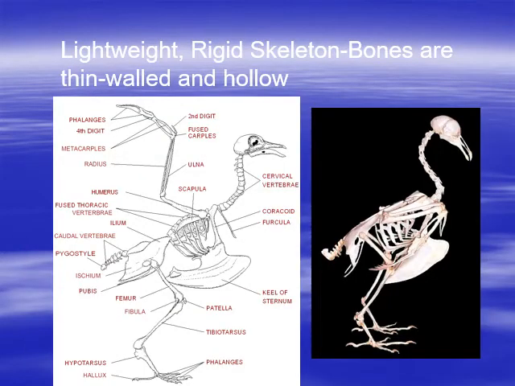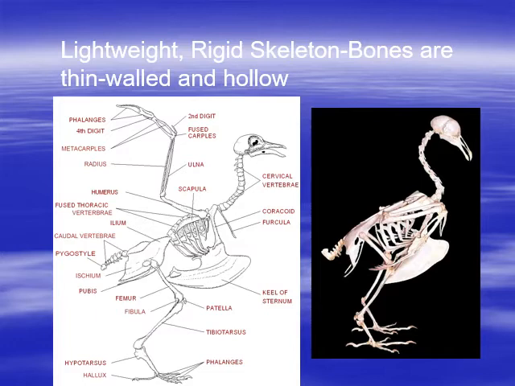The skeleton of birds is lightweight and very rigid. So the bones in them are very, very lightweight. This helps with their flight. They don't have to be picking up as much body weight when they fly. Also, since their skeleton is so rigid, it moves very well with their muscles.